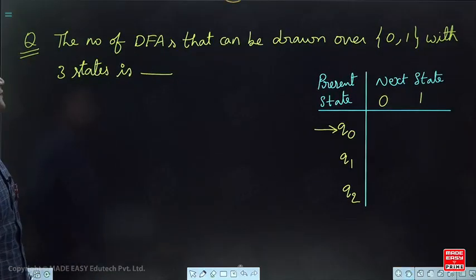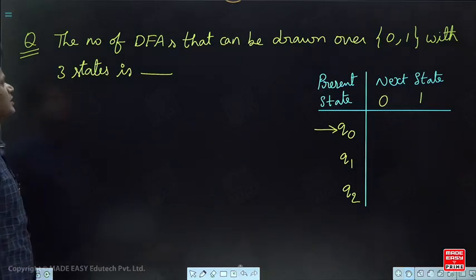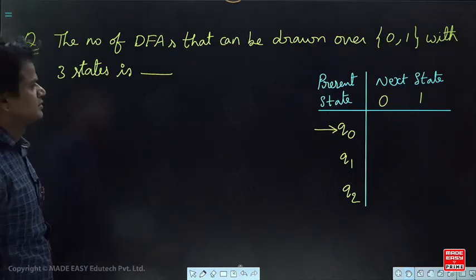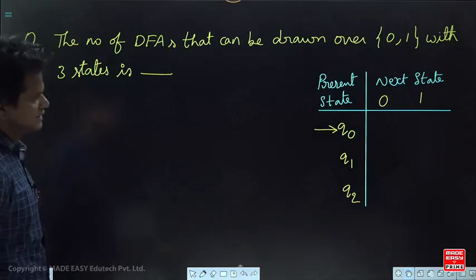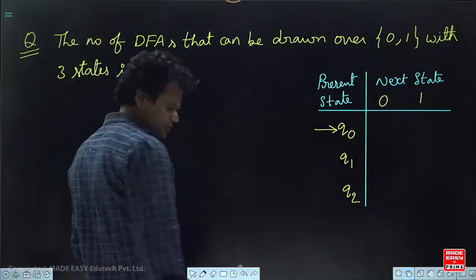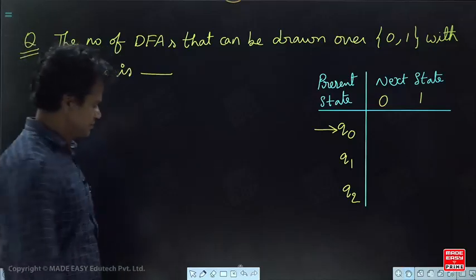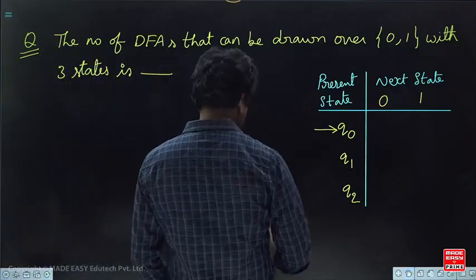The number of DFAs that can be drawn over the set 0, 1 with 3 states is? So the states are Q naught, Q1, Q2. I have taken the initial as Q naught. So Q naught is initial.